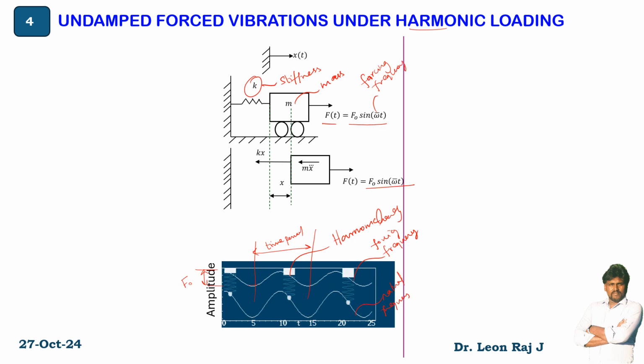So we have to draw the free body diagram. The mass m is displaced by a distance x. Then m x double dot is the inertia force, and kx is the stiffness or spring force.